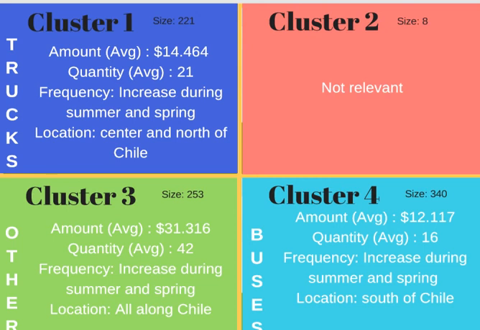The second cluster was not very relevant because its size was very small, just 8 customers, so we didn't evaluate it. The third cluster was very big, 253 customers. The amount of the purchase was, on average, 31,000 pesos.